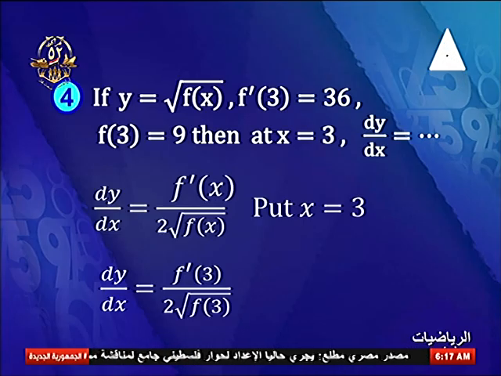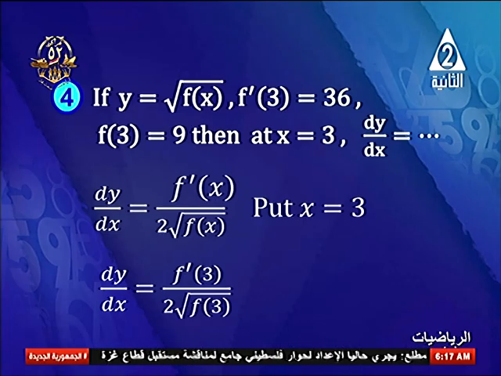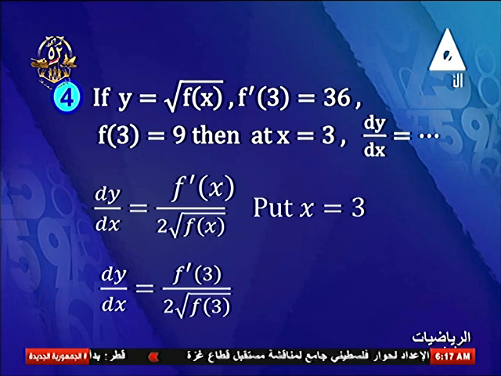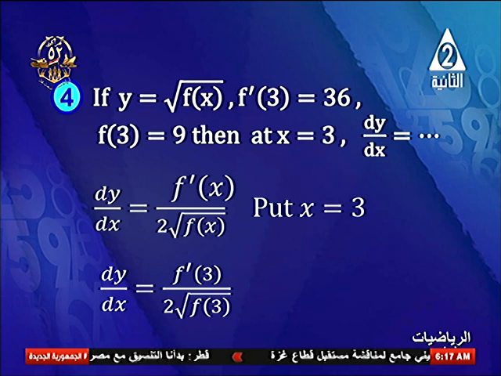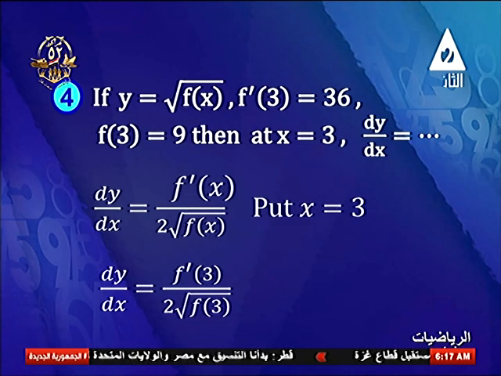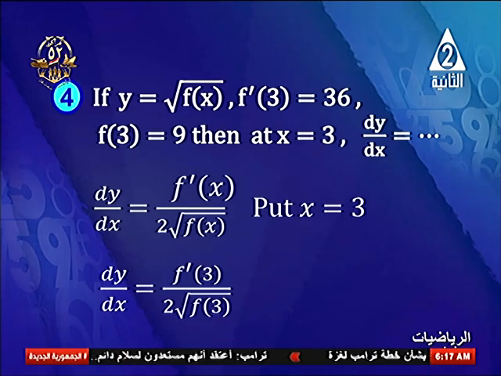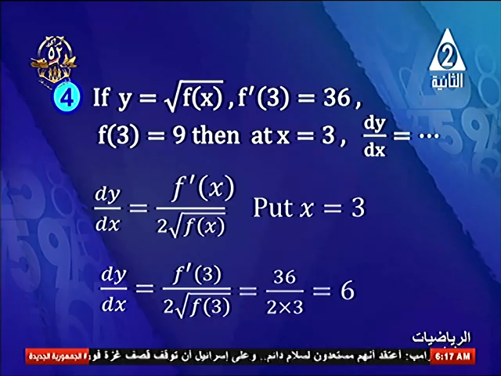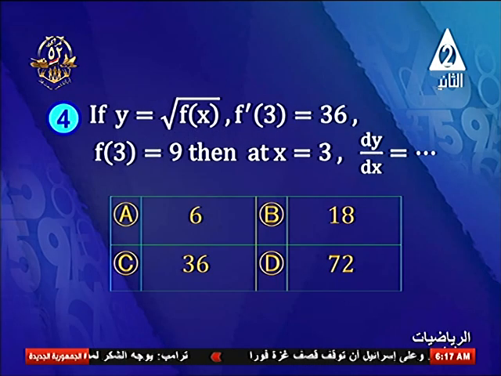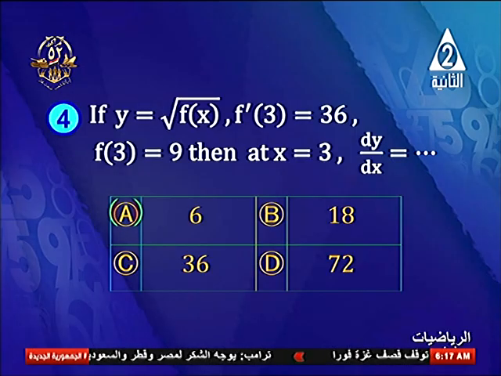From the given, 9. Then 36 over 2 times square root 9, or 2 times 3. Then 36 over 6. The answer is 6. Therefore, the correct answer is letter A.